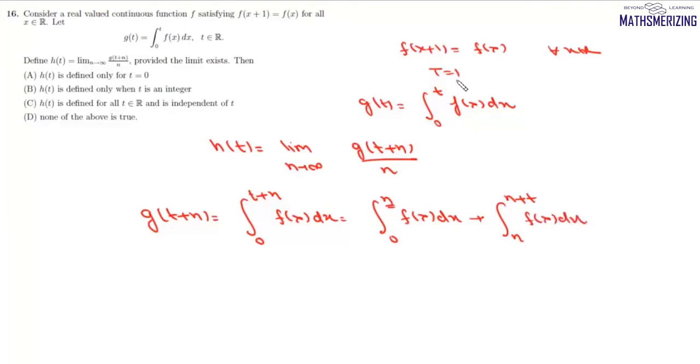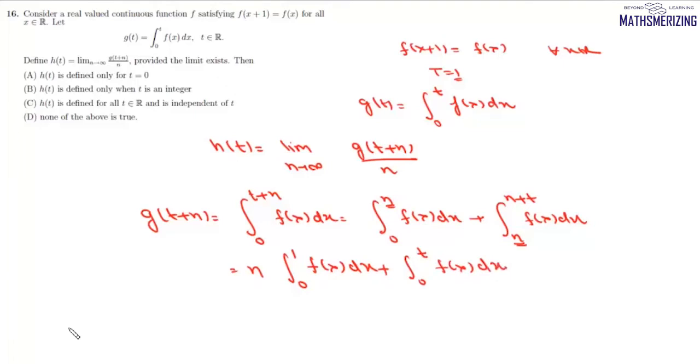Now this function is periodic with period 1. So we can write this as n into the integral from 0 to 1 of f(x) dx, and then plus, now this is from n to n plus t, and it will be from 0 to t of f(x) dx.